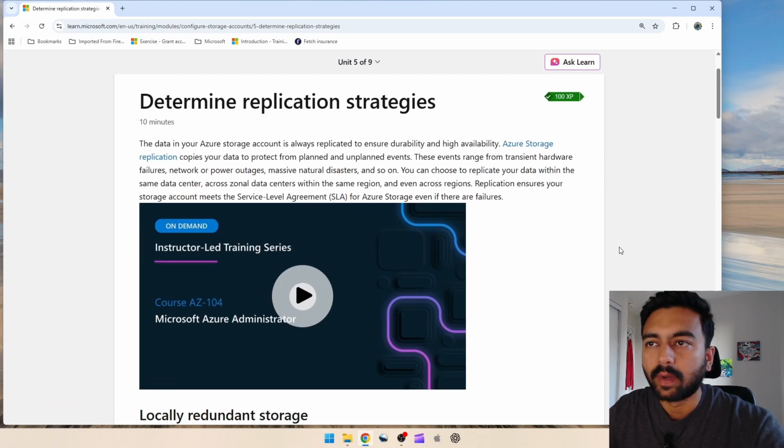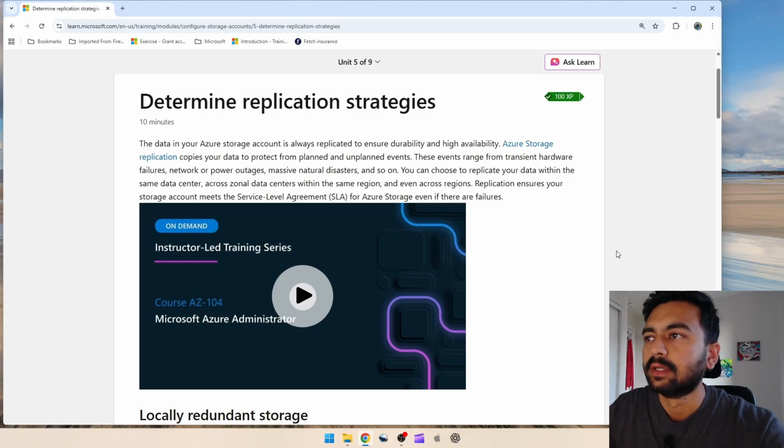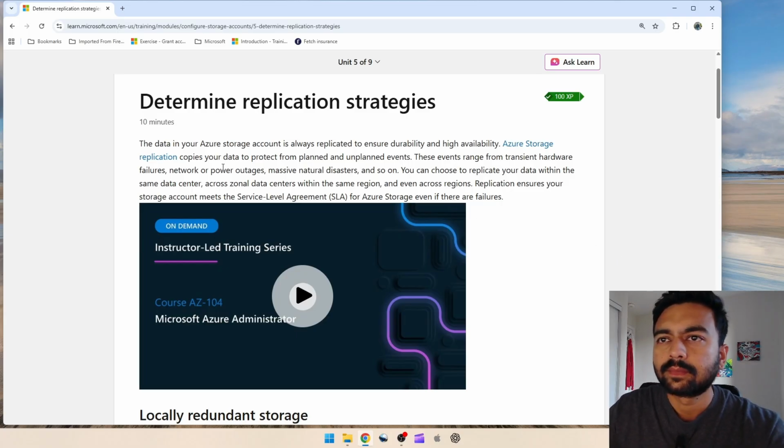Azure always provides replication to make sure that your data is durable and highly available. And obviously, you need the replication to protect from planned and unplanned events, from hardware failure to network failure, power outages, natural disasters.